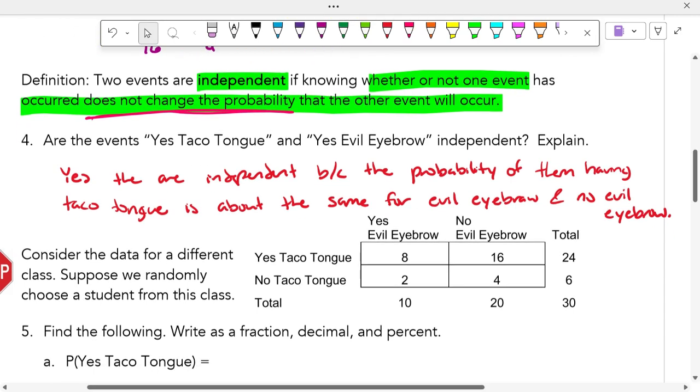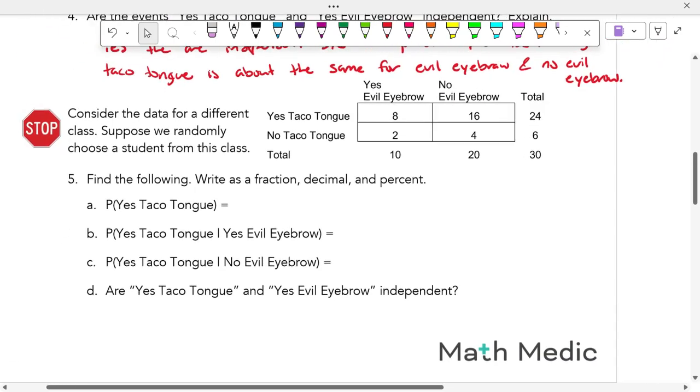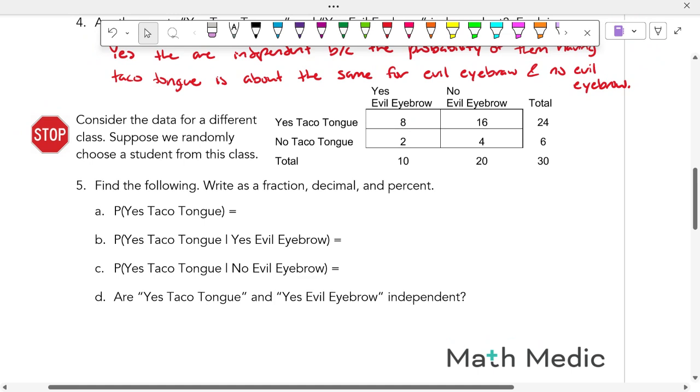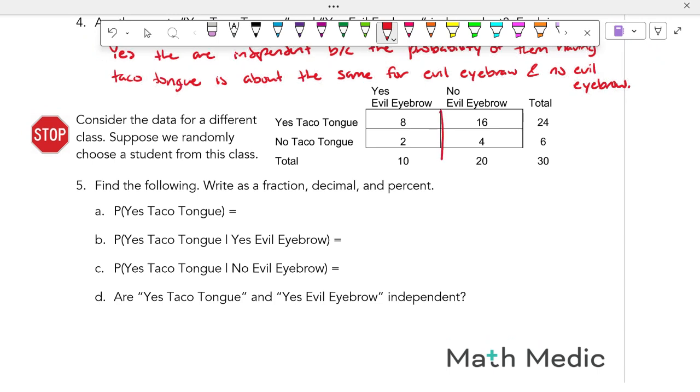All right, number 5. They gave us a whole new set of data, still dealing with the evil brow and the taco tongue, but instead of our class data, they just said some other class. What is the probability that yes, they will have a taco tongue?